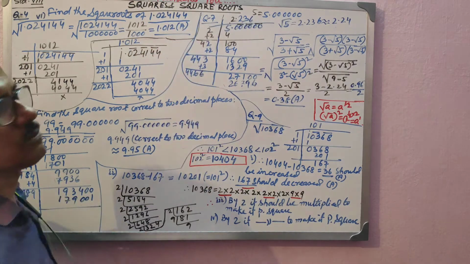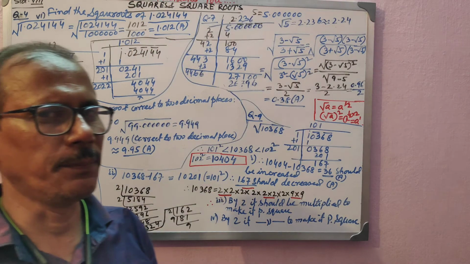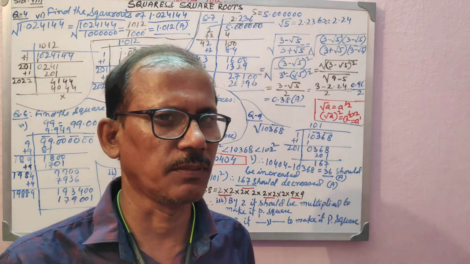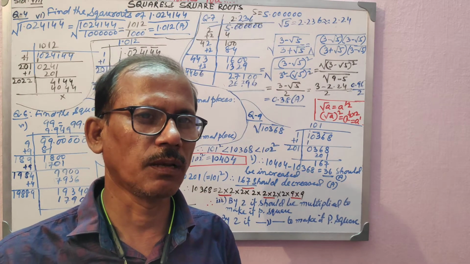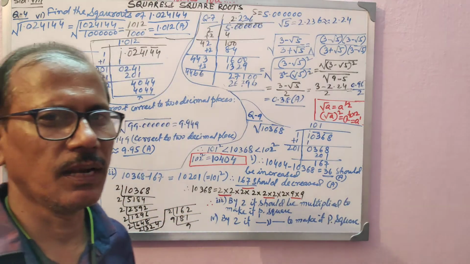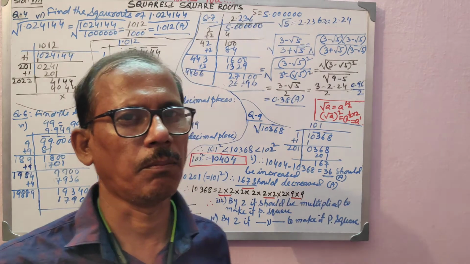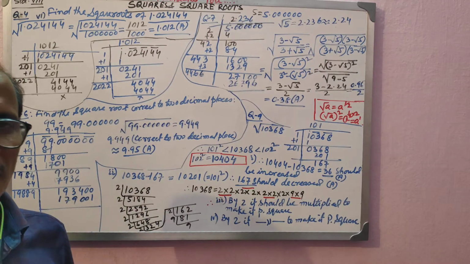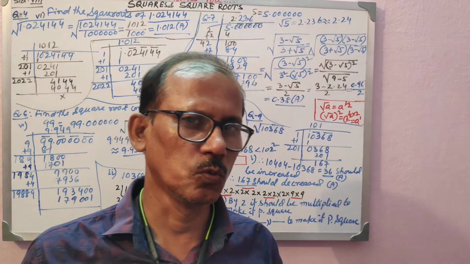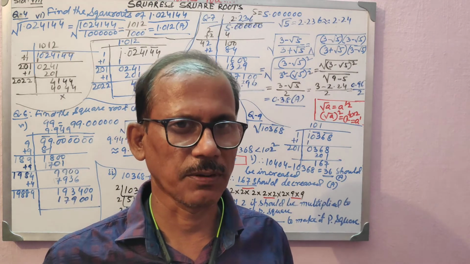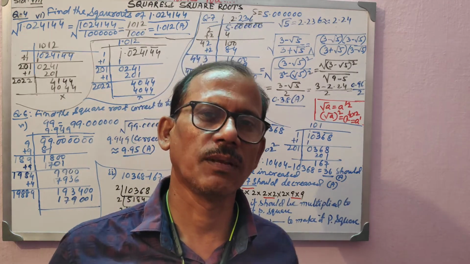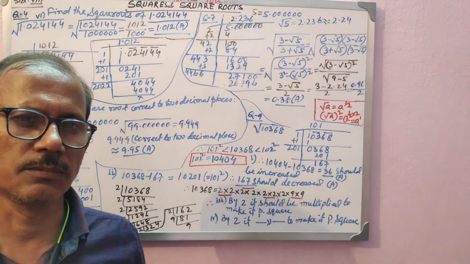What will you do? You will find if it is a perfect square decimal or perfect square fraction. A perfect square decimal means the decimal digits have to be an even number. It has to have 2 decimal places, or 4 decimal places, or 8 decimal places.